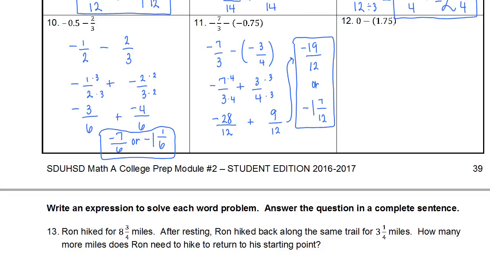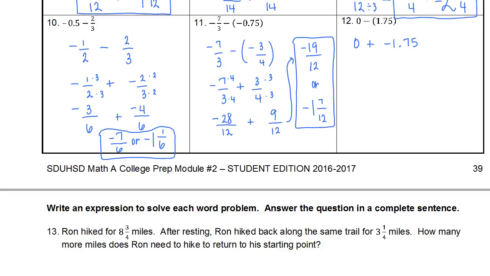Number 12 is an interesting problem. It's 0 minus 1.75. And in this case, because I don't have any fractions, I could leave this as is. I might, just to be consistent with what we've been doing, rewrite that subtraction as addition of the opposite, so plus negative 1.75.